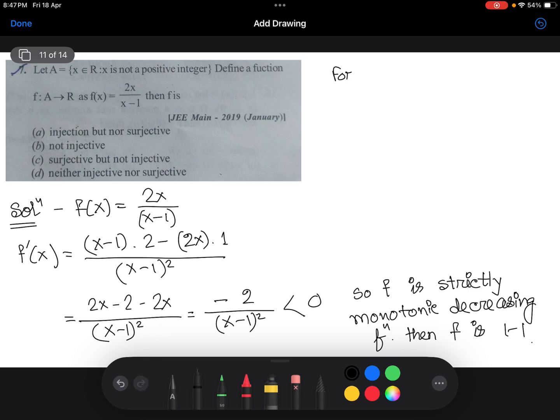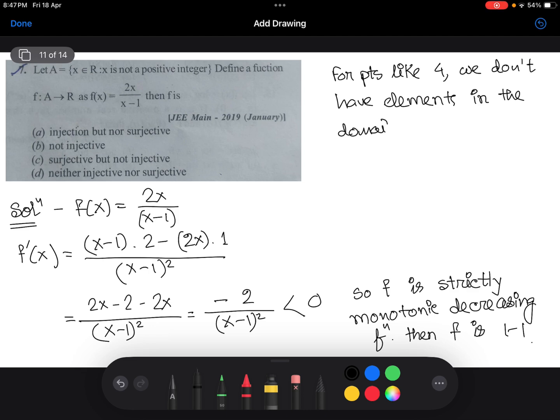For points like 4, we don't have elements in the domain such that f of x is equal to 4, where x belongs to A.